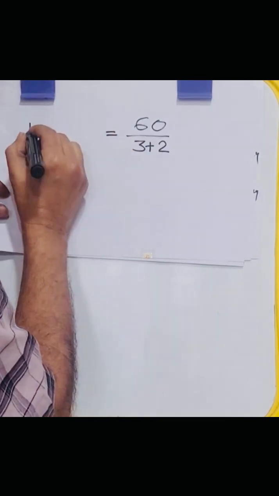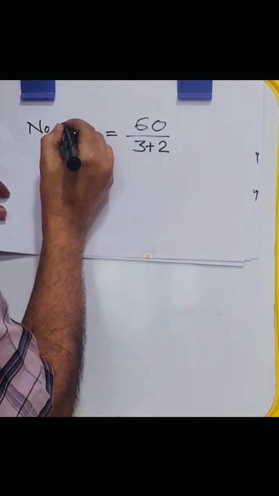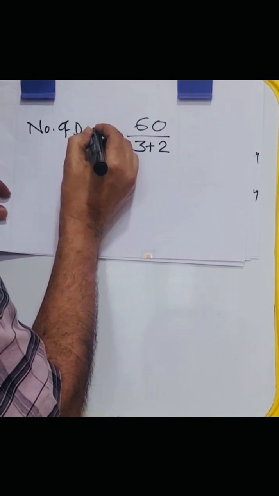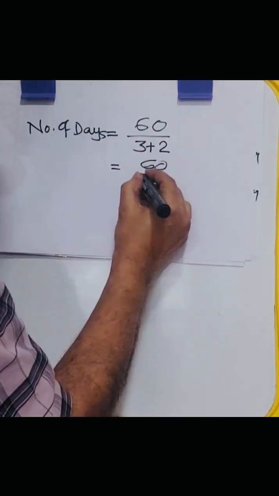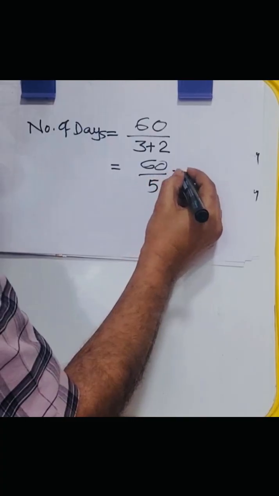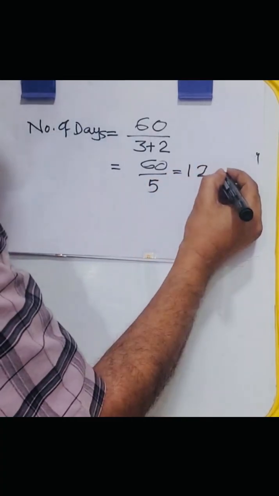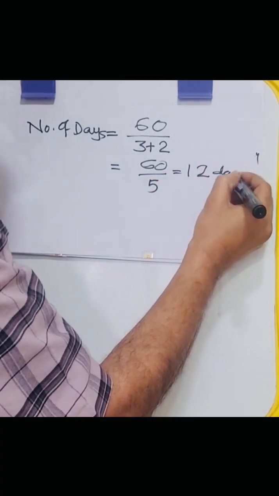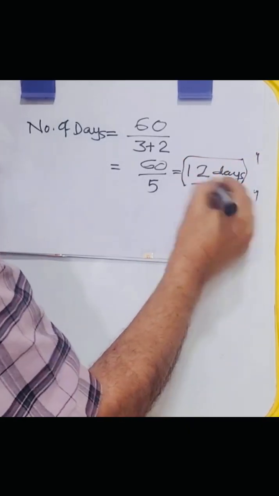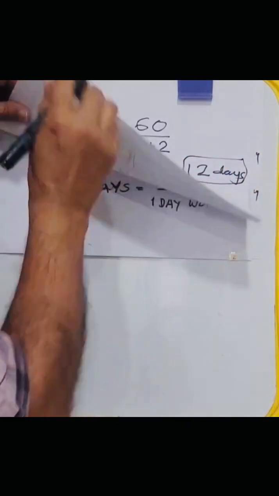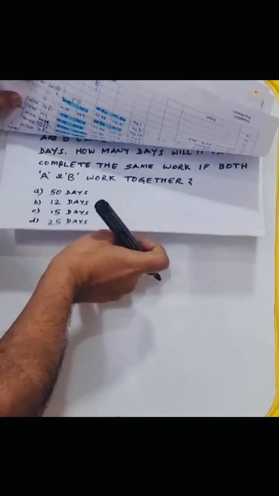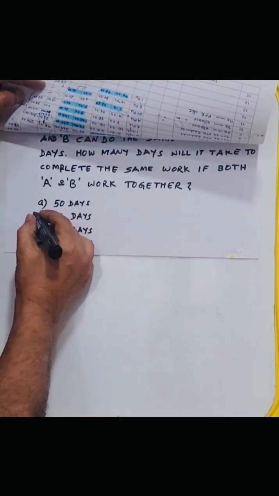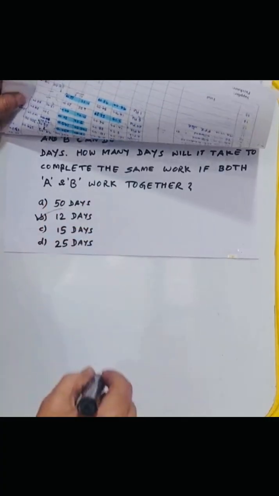So this is equal to 60 by 5, which is 12 days. This is the answer to the question. In the options, we have to mark 12 days. This is the correct answer.